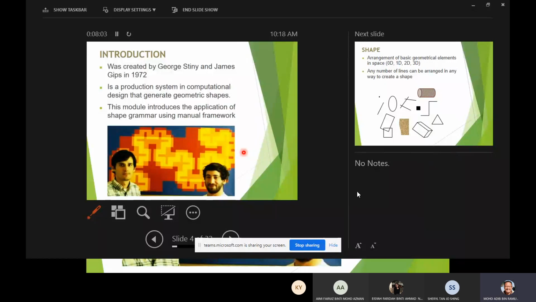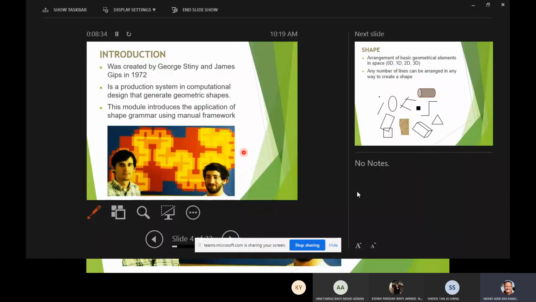In the picture are Stiny and Gibbs themselves, and in the background is the first painting created using the shape grammar method. What you can see from the painting is some kind of repetition of shapes, but they were not produced by hand.